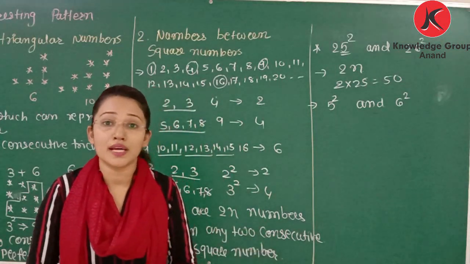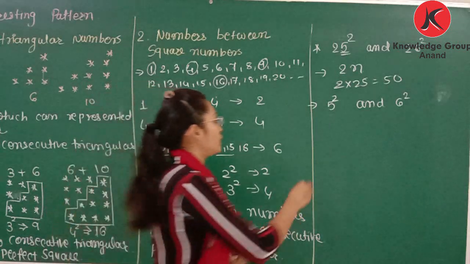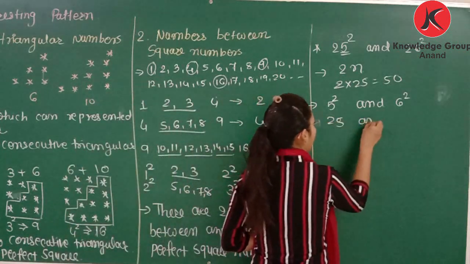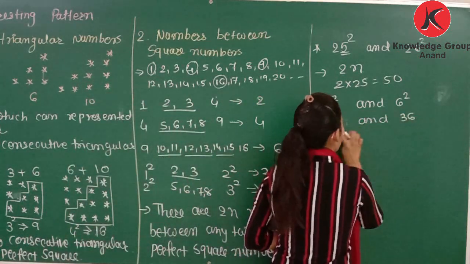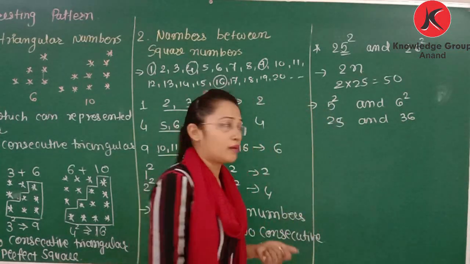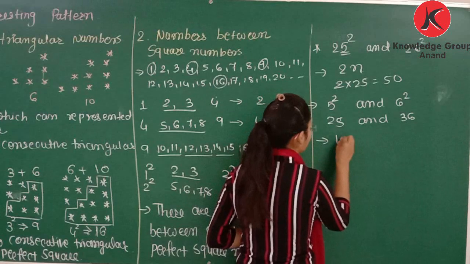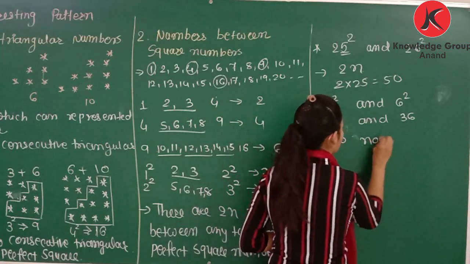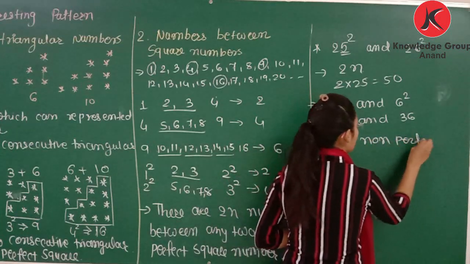So how many numbers are there between 25 and 36? 10 numbers. So how can we get 10 non-perfect square numbers?